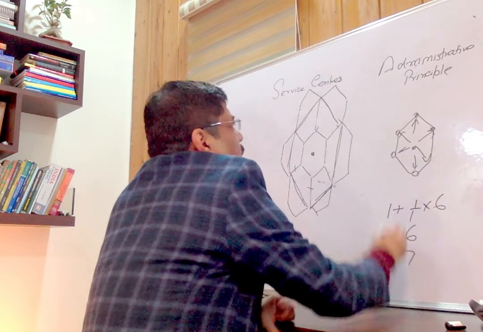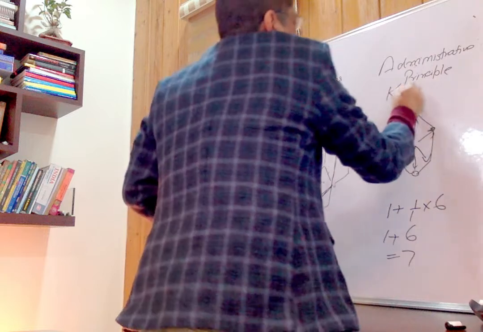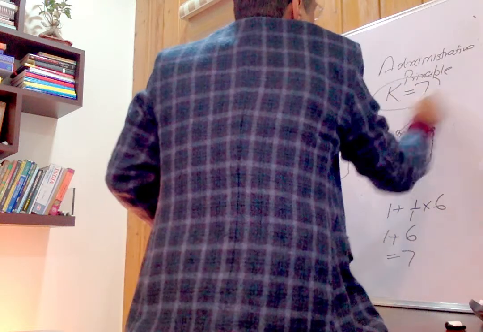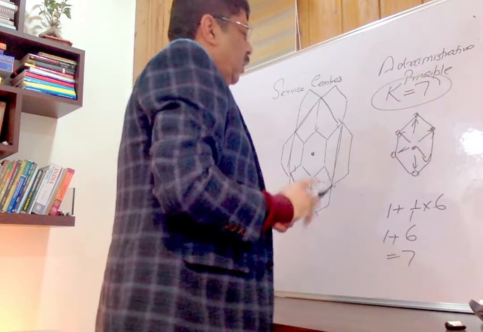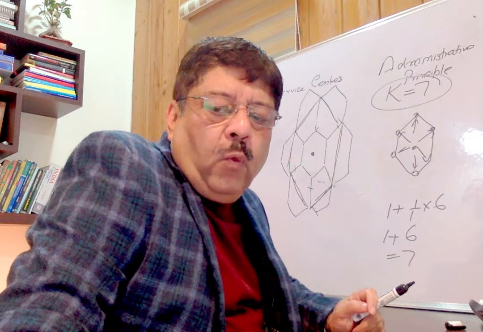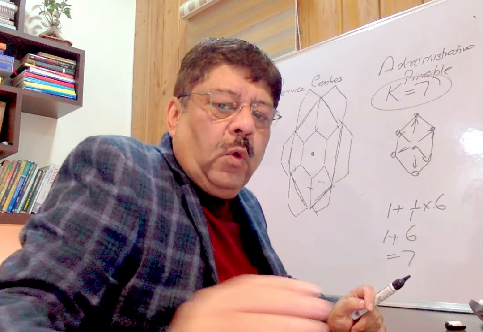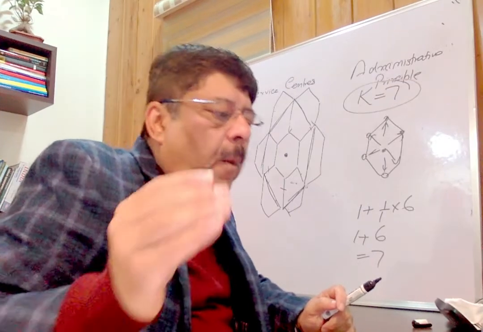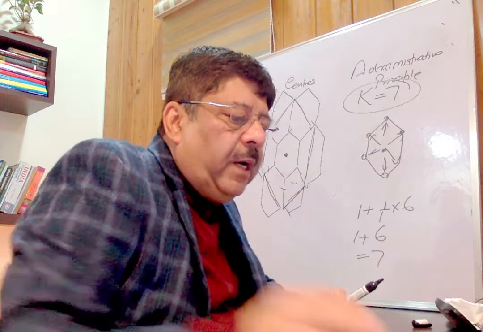K is equal to 7 for the administrative principle. This is the model of what ought to be, what should be there, the optimum arrangement of settlements.